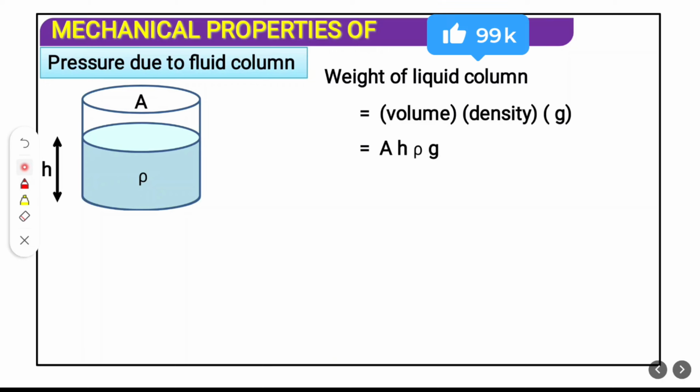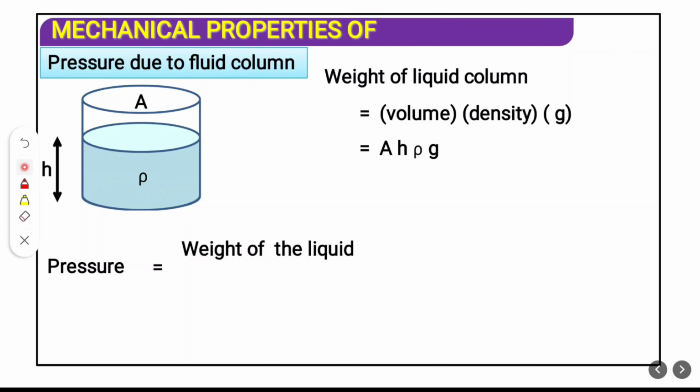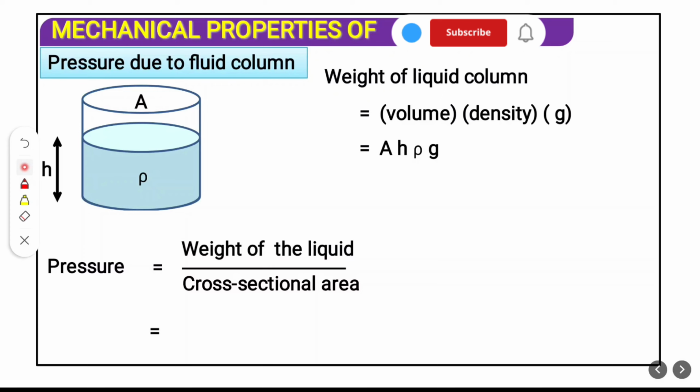So the weight of the liquid column is A into H into rho into g. With the help of this, pressure is the weight of the liquid divided by the cross-sectional area. This is the formula we use. The weight of the liquid is A H rho g, divided by the cross-sectional area A. A and A get cancelled, so pressure P is equal to H rho g.